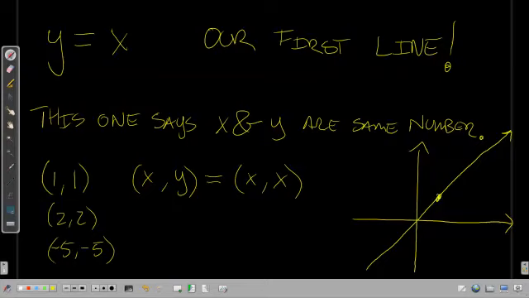Why? Because it would have to go through all those points, like 1 comma 1 and 2 comma 2 and -5 comma -5. It would necessarily go through all of the ordered pairs that have the same value in the x position and in the y position.